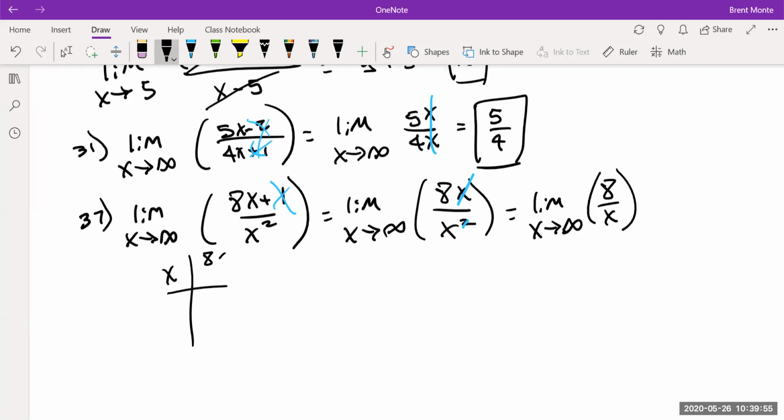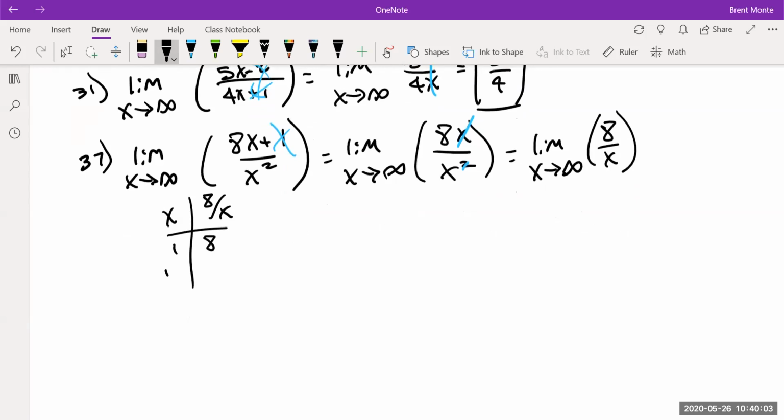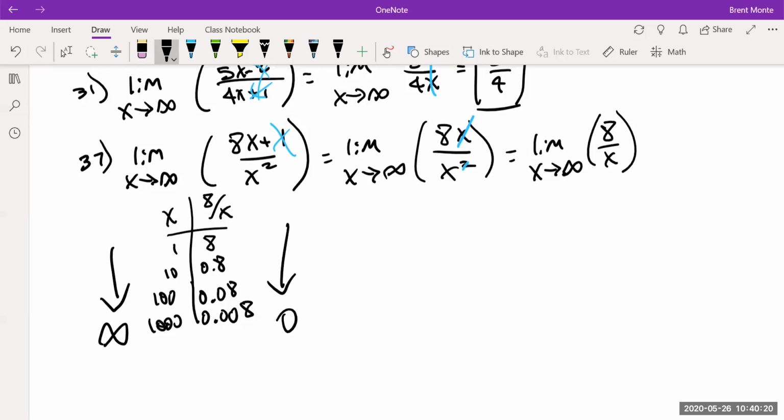Let's do x and then 8 over x. Well, when x is, say, 1, 8 over 1 is just 8. But if x is 10, 8 over 10 is 0.8. And at 100, 0.08. And at 1,000, 0.008. So as x is approaching infinity, the y value is approaching 0.